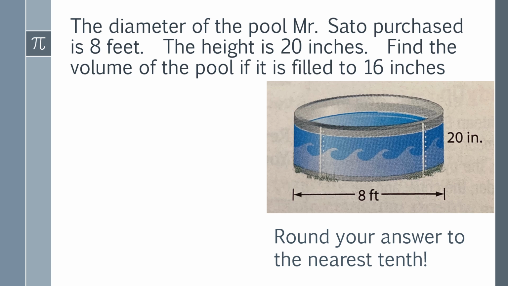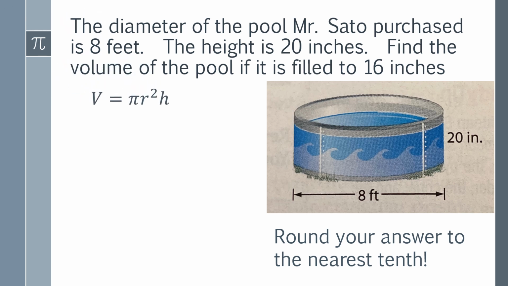Okay. Now the diameter of the pool again is the same. The height is 20 inches, but the pool is filled with water up to 16 inches high. So what is our answer, right? And we're looking for how much water, basically, right? How much water is in the pool.